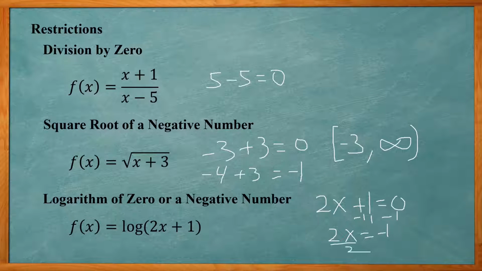Divide both sides by 2. So x equals -1/2. So my x value needs to be greater than -1/2. It can't be -1/2 because that'll give me a 0. So basically my lower end with the parenthesis will be -1/2, and then to positive infinity.